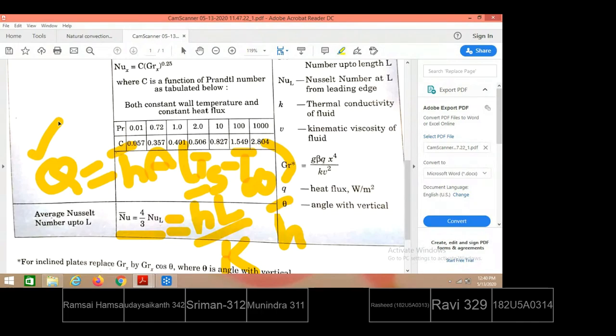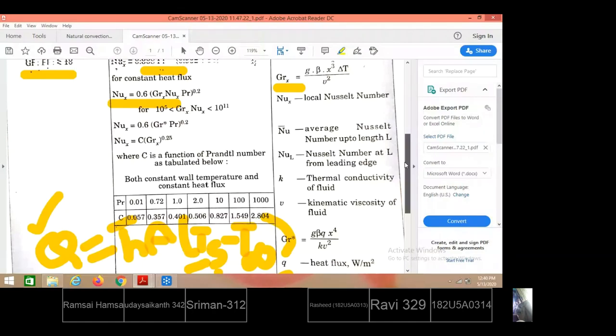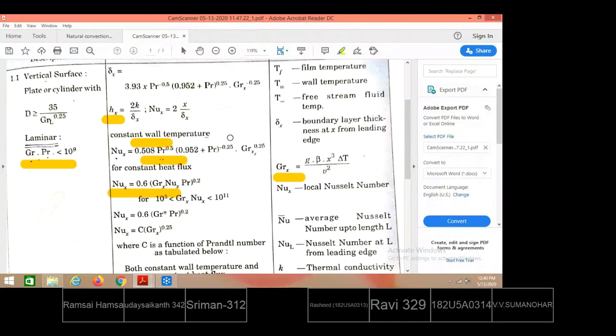Keeping the data book with you, all problems can be worked out. Some other people have developed a Nusselt number equation valid for both the constant wall temperature case and the constant heat flux case. One equation is valid for constant wall temperature, another for constant heat flux.